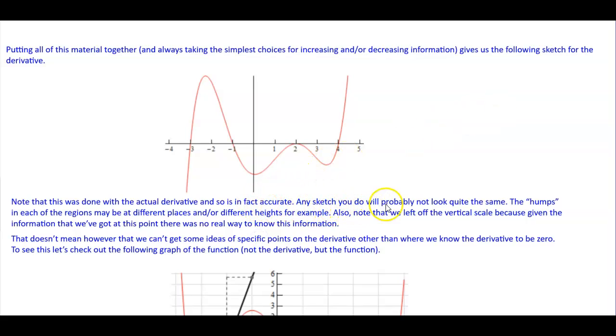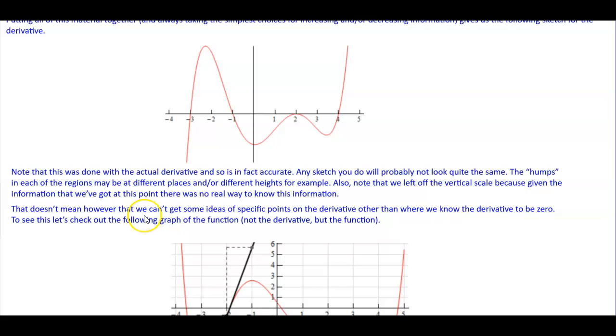Any sketch you do will probably not look quite the same as you saw with my sketch. The humps in each of the regions may be at different places and or different heights, for example. Also note that we left off the vertical scale because, given the information that we've got at this point, there is no real way to know this information.